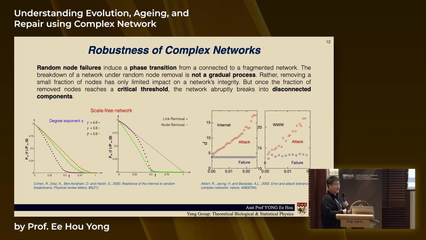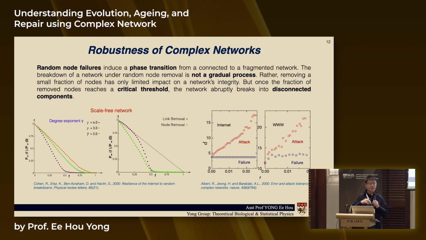Another way to view this kind of failure in the context of complex networks is as follows. If you think of the diameter of a complex network, which is the shortest path between any two nodes in the system, there's a difference between attack and failure. In an attack, what you do is target hubs, which are nodes with a very high degree. For failure, on the other hand, you're really just removing nodes at random.